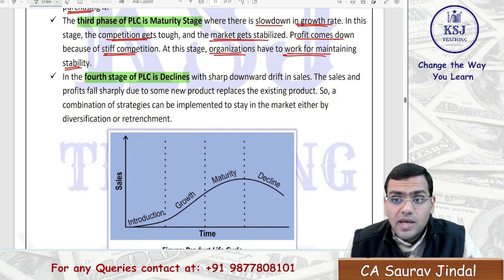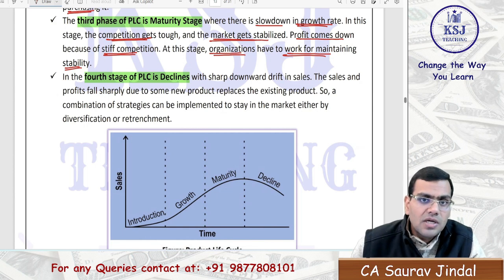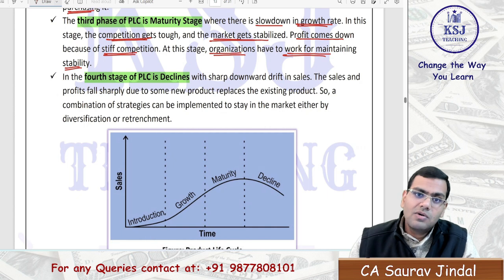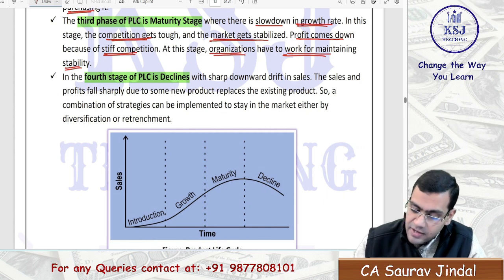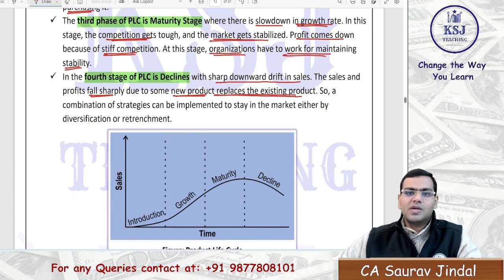Now this is where the customers will be fewer, competition will be too much, right? Demand for the product will be low and you might go out of the market, right? With a sharp downward drift in the sales, the profits fall sharply due to some new product replacing the existing product, right? Now this is where the innovation is.